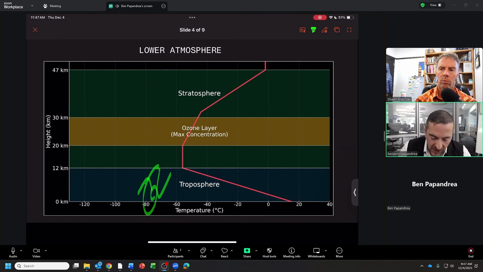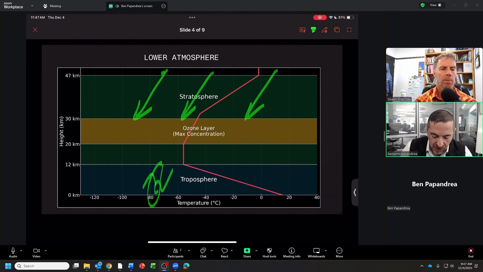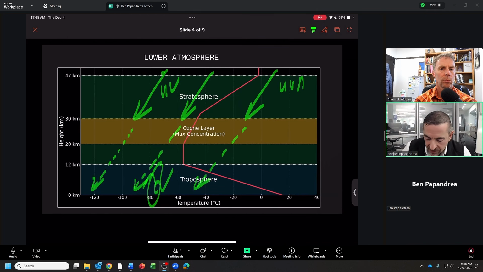Now you have all this energy coming in from the sun. We'll just say it's UV. And then the ozone layer is taking out some of that ultraviolet radiation. So there's UVA, UVB, and UVC. You never hear of UVC, right?